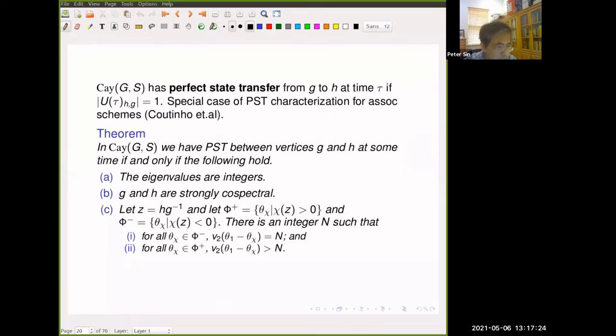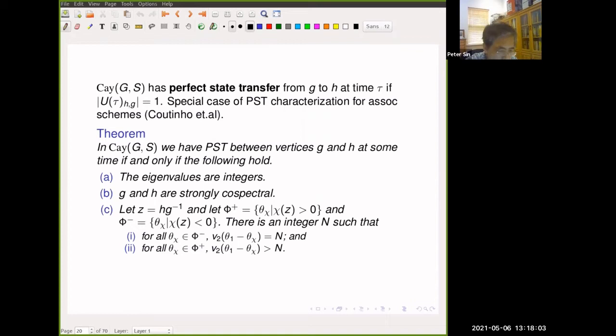and phi minus are those eigenvalues where the characters are negative on z. If g and h are strongly cospectral, that's the same thing as saying that phi plus and phi minus have no intersection, they're disjoint. So the condition is a valuation condition on the two-part of the eigenvalues. For eigenvalues in phi minus, we require that they all have the same two-part: the two-valuation of theta_1 minus theta_chi.